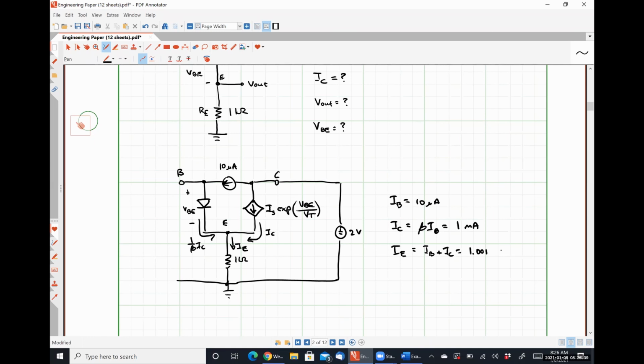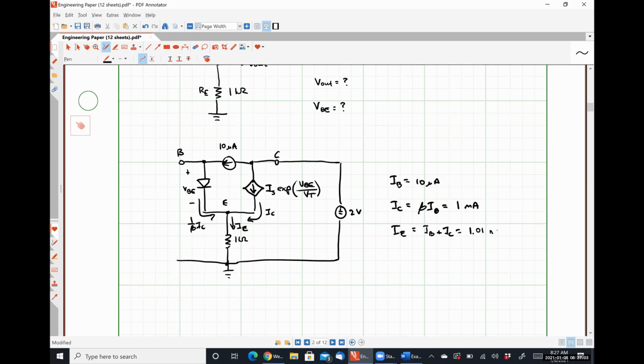That's 10 times 10 to the minus 6 plus 1 times 10 to the minus 3, so 1.01 milliamps. Sorry about that.